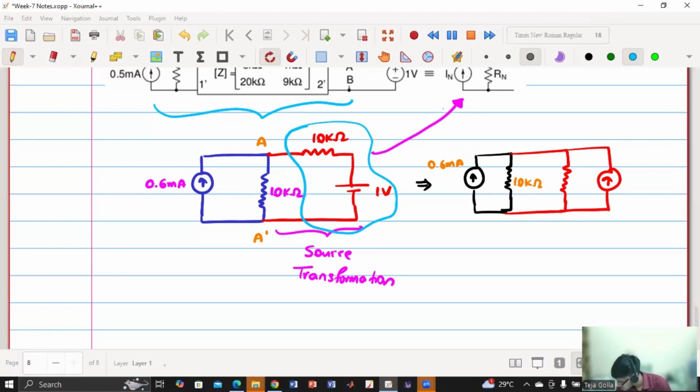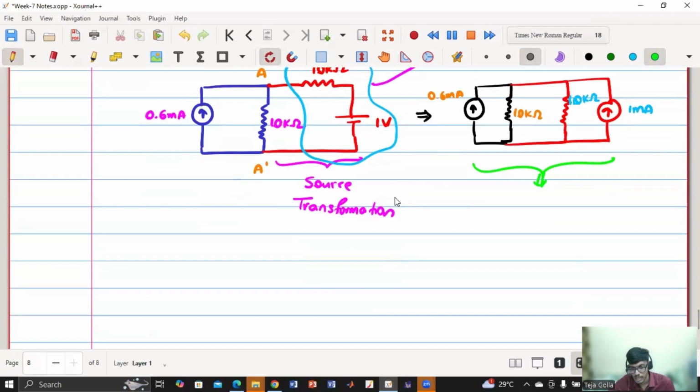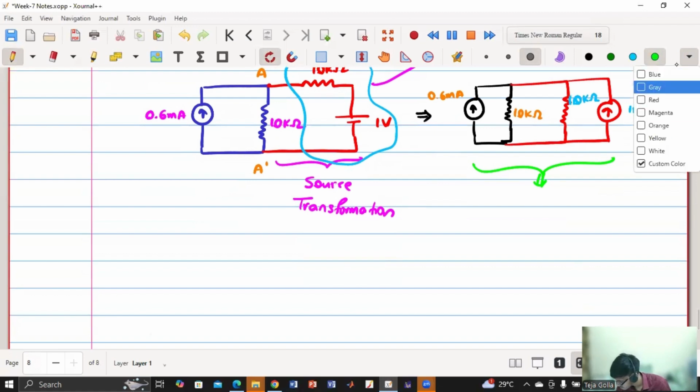Okay, so this will be our 10 kilo ohm, and this one will be 1 volt by 10 kilo ohm, which is 1 milliampere. So now if I simplify this, I'll get something like this.